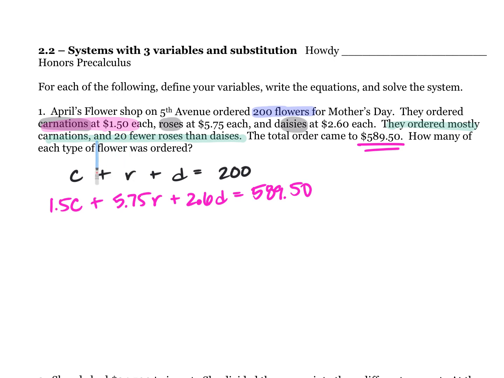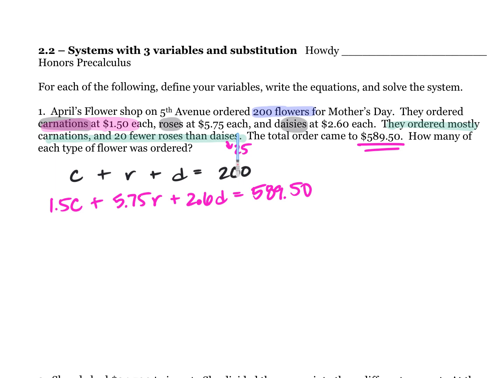So what I'm going to tell you is let's put in some real numbers here that just help us figure out what equation to write. If I got 20 fewer roses than daisies, how many daisies do you want to buy? Don't care. 25. If we got 25 daisies, okay?